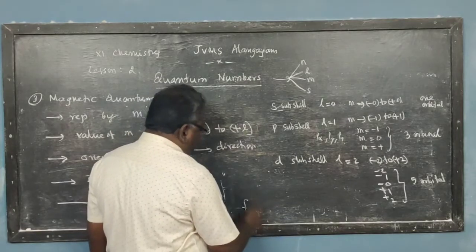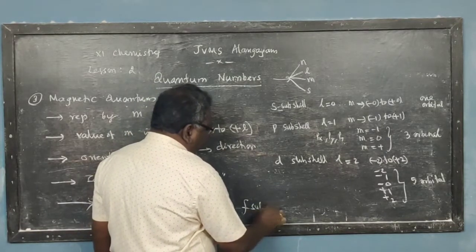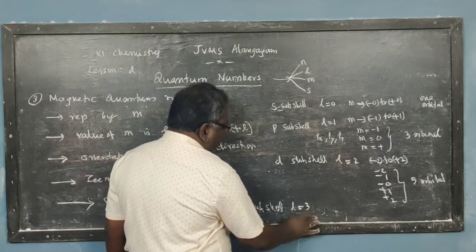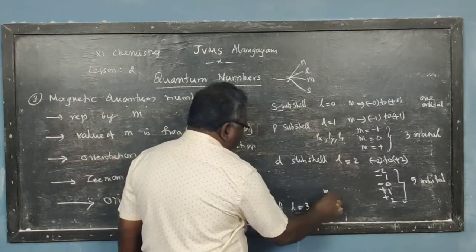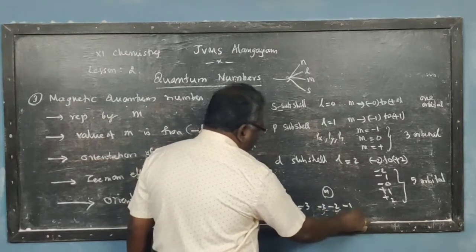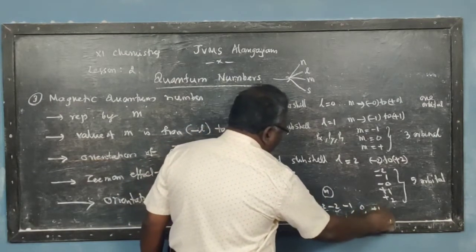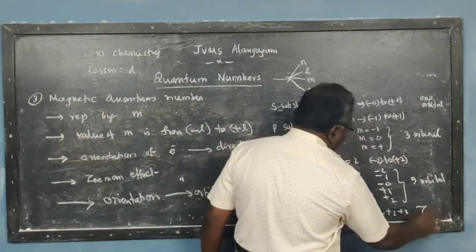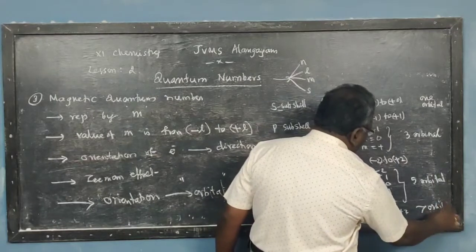Suppose you go to the f subshell, L is equal to 3. Therefore, the M value for this will be minus 3, minus 2, minus 1, 0, plus 1, plus 2, plus 3. So how many orbitals does it have? 7 orbitals.